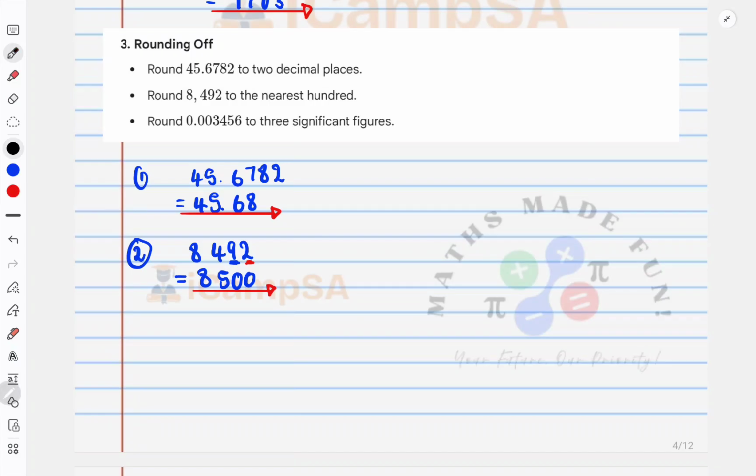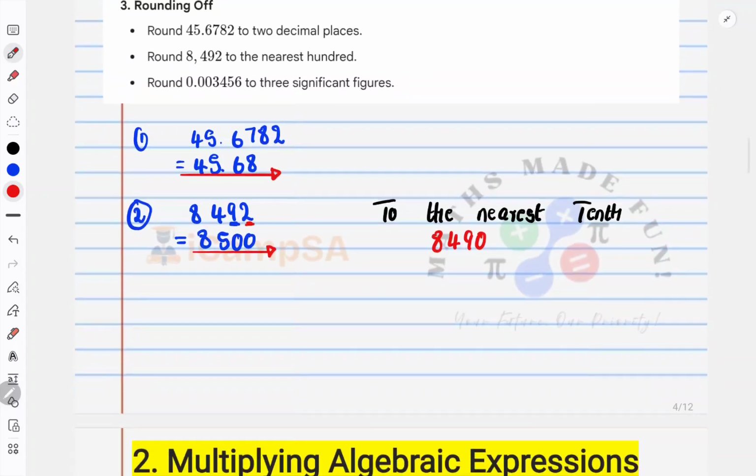So to the nearest 10, we're going to have 8,490, because we're going to round down since the cutoff number, that 2, is less than 5.